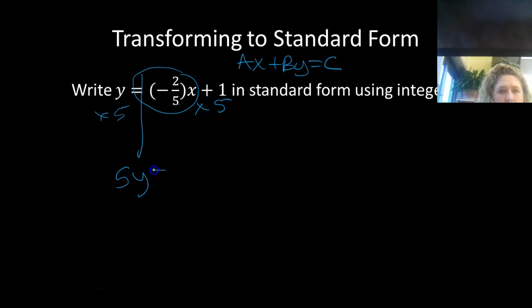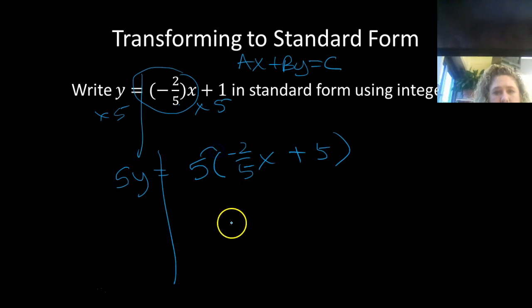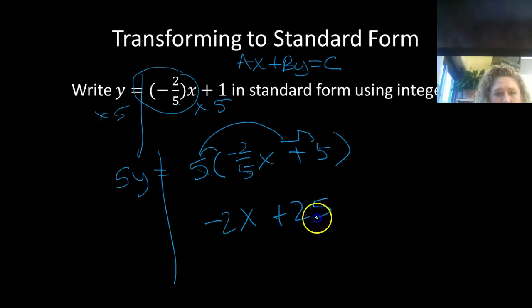So 5y equals 5 times negative 2/5 x plus 1. First thing, distribute 5 times negative 2/5. They're going to cancel my denominator, so I'm going to be left with negative 2x. 5 times all the way over here, 5, we're going to get a 25. 5y equals negative 2x plus 25.